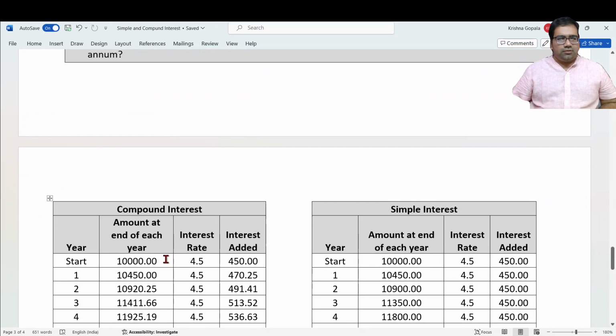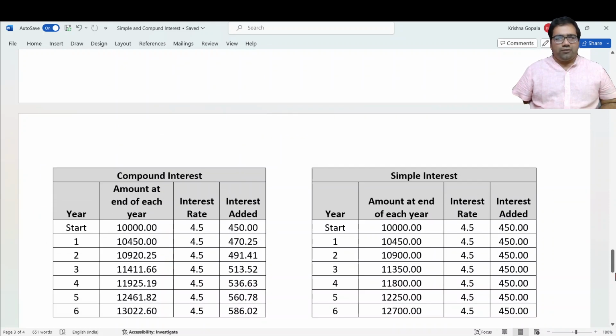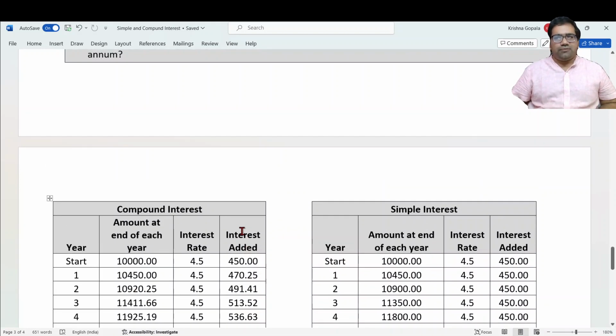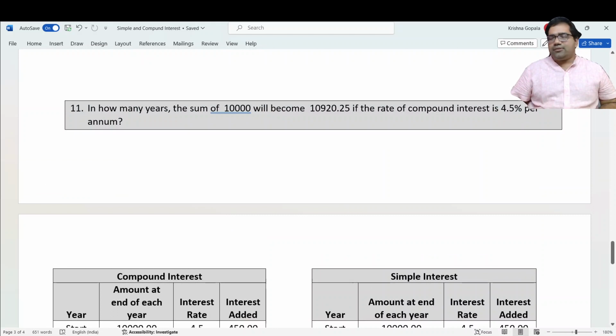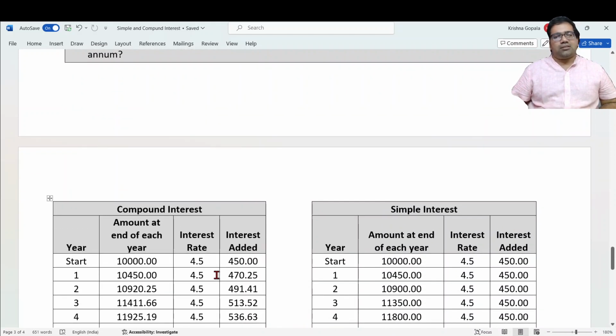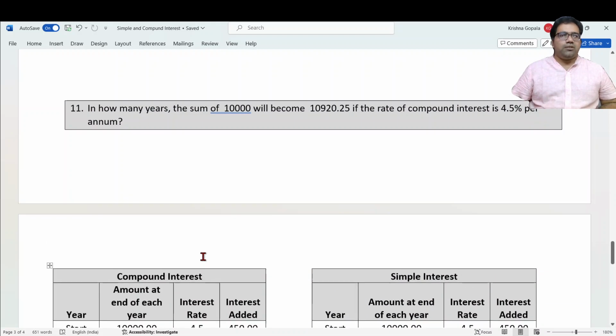To have an easy trick, every year is 450. So in 2 years, with simple interest, it will take roughly 900. So compound interest should be roughly around 2 years. This is just for you to get a rough estimate, because we need to have these tricks. Otherwise, calculating this entire difficult calculation with long numbers will take a lot of time. So you need to know what the rough answer is.